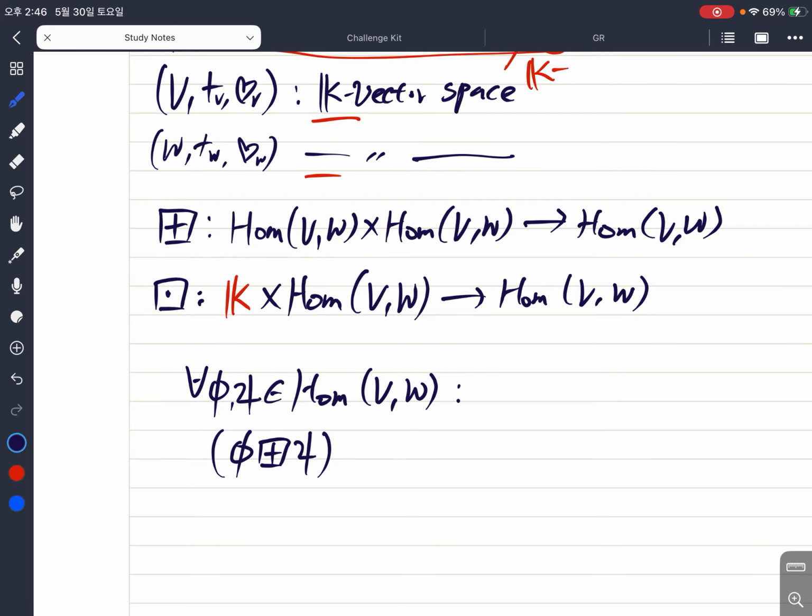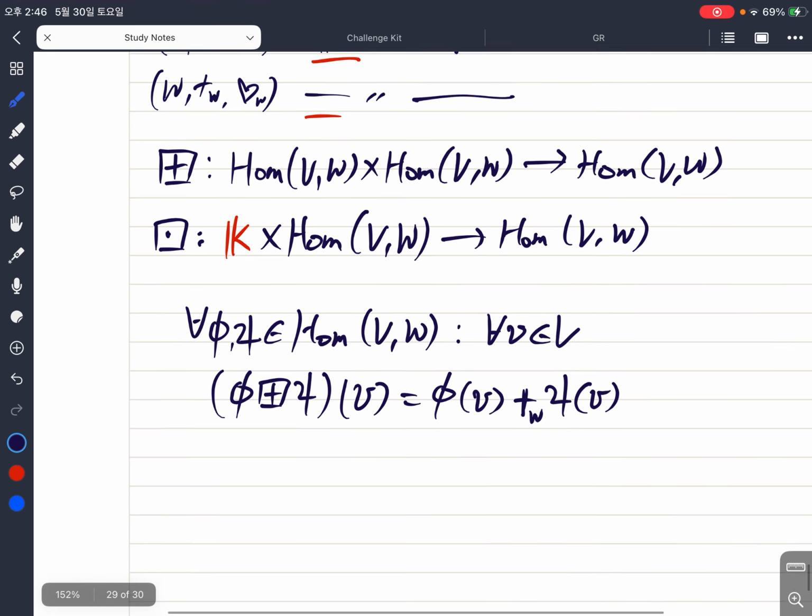Let us say there is also some vector v in V. Then phi plus psi applied to v becomes phi(v) plus psi(v), but phi(v) and psi(v) are both elements of W, so this is a summation in W.